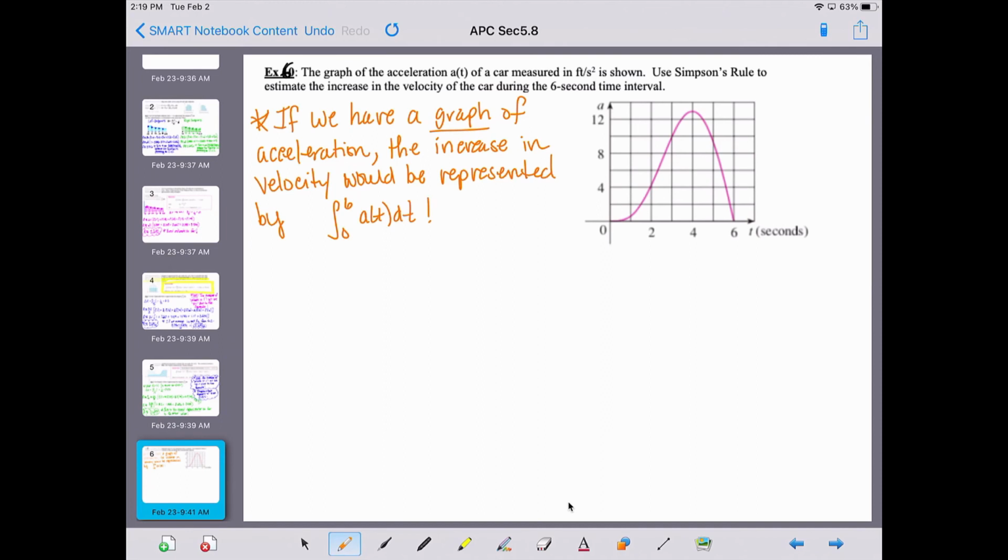And again, this is because velocity is the integral of acceleration. Acceleration is the derivative of velocity, okay?